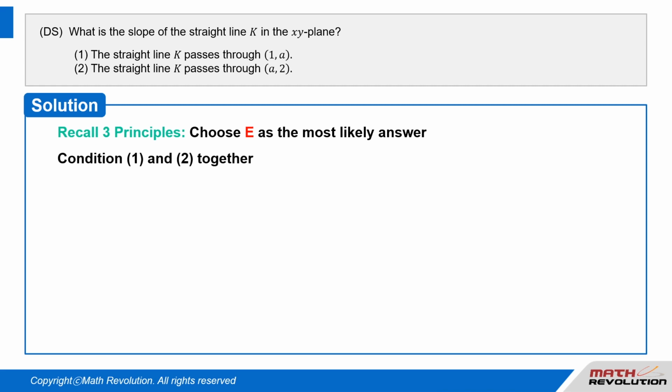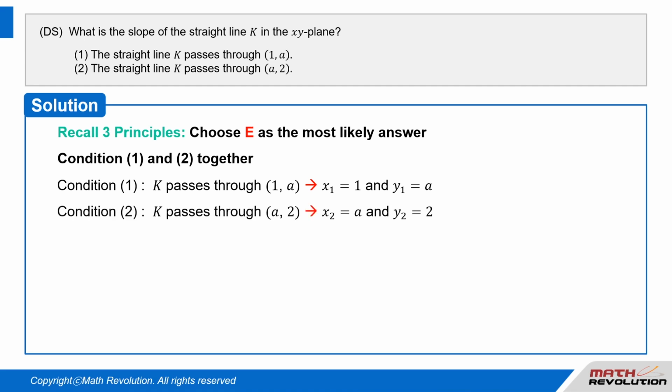Let's take a look at both conditions together. Condition 1 tells us that straight line K passes through (1, A). Hence, x1 equals 1, y1 equals A. Condition 2 tells us that straight line K passes through coordinate (A, 2).